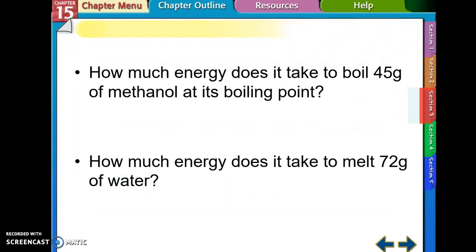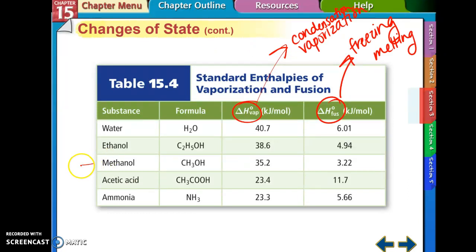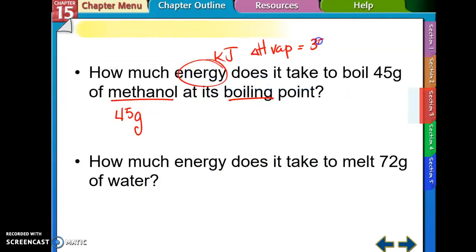So right here it says, how much energy does it take to boil 45 grams of methanol at its boiling point? Energy is going to be measured in kilojoules. So I'm going to go 45 grams of methanol, and I go back and I'll look, okay, boiling, that's vaporization. So the delta H of vaporization for methanol's right here. That would be vaporization 35.2 kilojoules per mole.